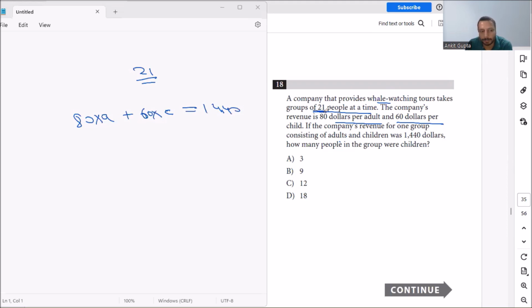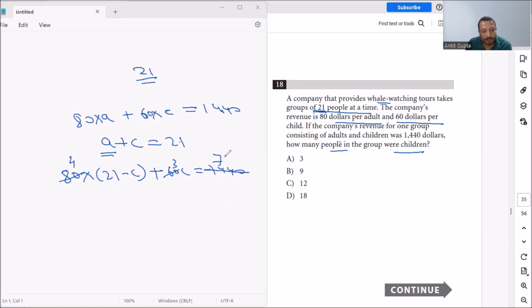So it is taking 21 people at a time. That means adults plus children is equal to 21. And it is asking how many people in the group were children. So let's eliminate the adults. So A is equal to 21 minus C. So 80 multiplied by 21 minus C plus 60C is equal to 1440. We can divide everything by 20. So this becomes 4, this becomes 3, this will become 72.